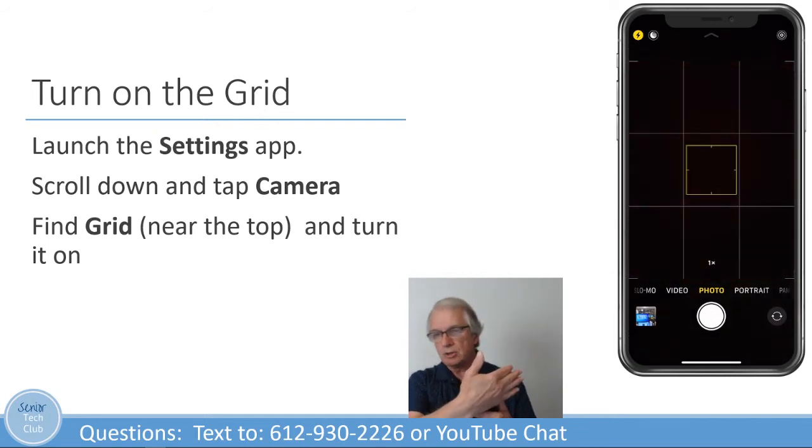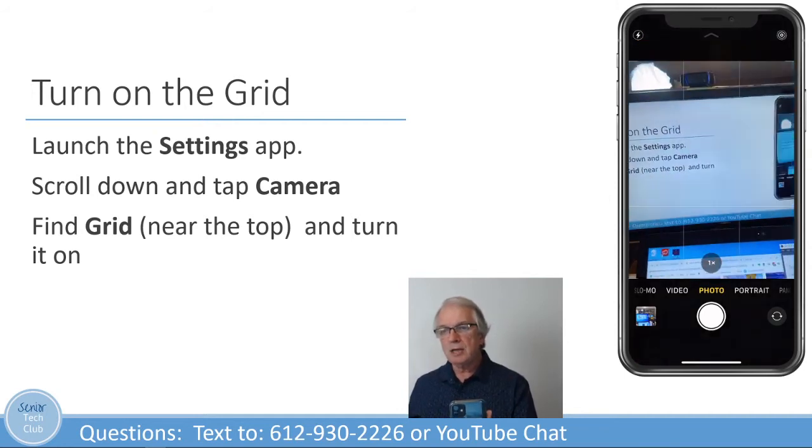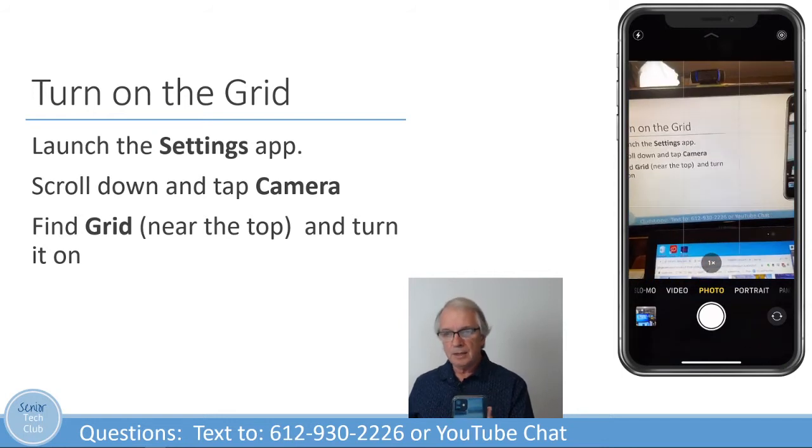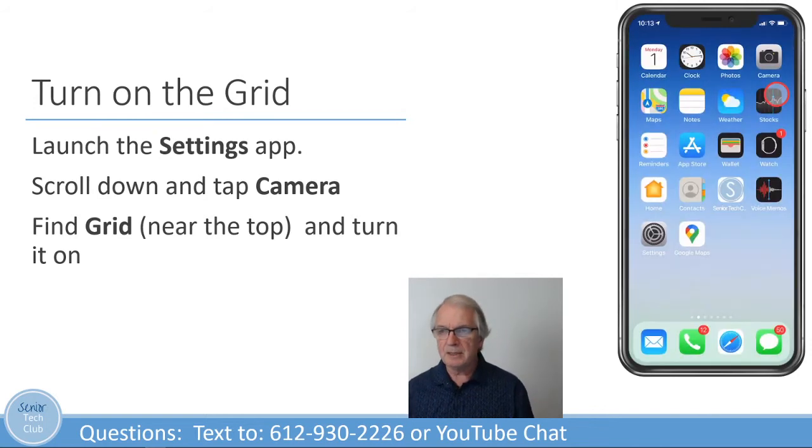I've darkened the screen so that you can see the grid, and that grid is going to help you improve the composition of your photos with a commonly used strategy, the rule of thirds. So give that a try. It can help the quality of your photos to move the focal point off the center, so that it is on one of the lines.